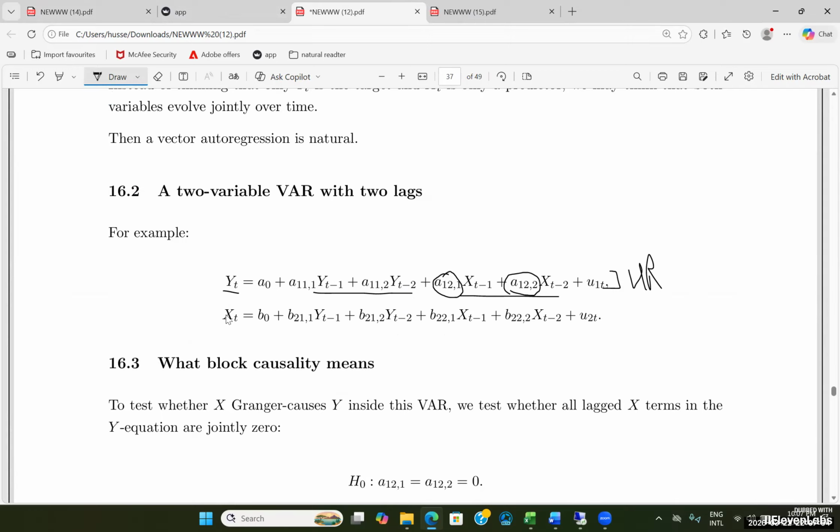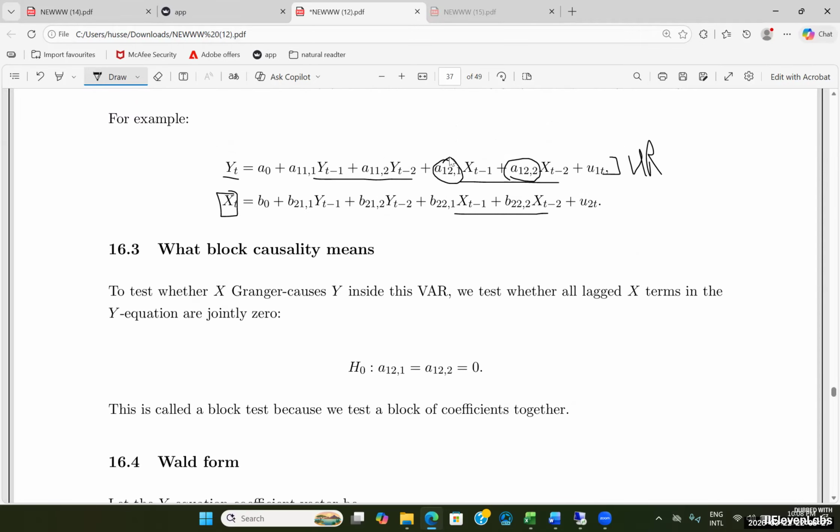But we also consider X to be a Y variable, meaning it's also dependent. So in this model, we have two endogenous variables, both Y and X. Consequently, the variable Y can be influenced by its own past values and also by the previous values of X. Also, we have another equation where X is affected by the lag of the other variable, in this case the lag of Y, and the lag of itself. So here, instead of having one restricted or unrestricted equation, we have two. And this is precisely the reason why we have the VAR system of equations.